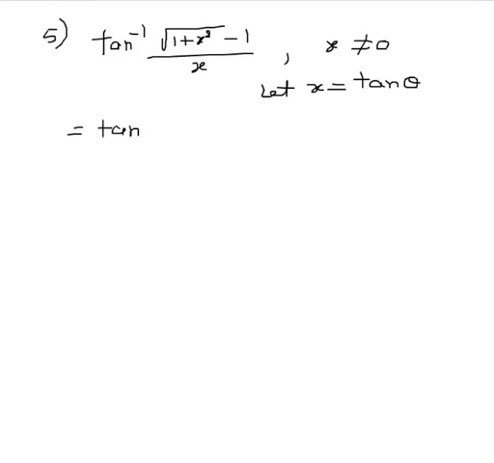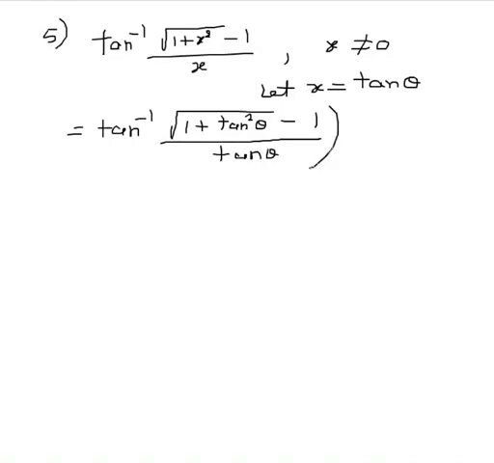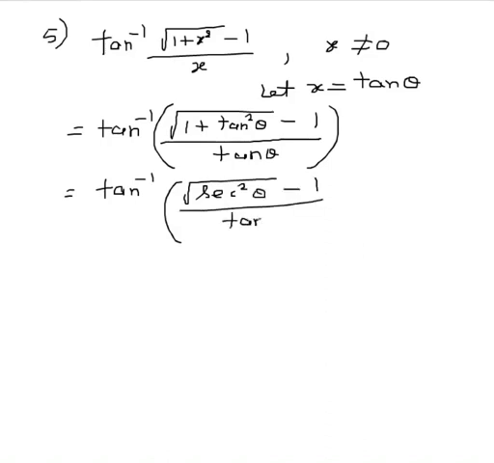Therefore the function becomes tan inverse of root of 1 plus tan square theta minus 1 divided by x, where x is tan theta. This is equal to, we have identity for 1 plus tan square, which becomes secant square. And root of secant square theta is secant theta.